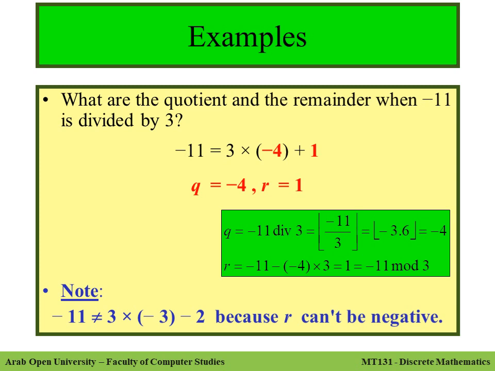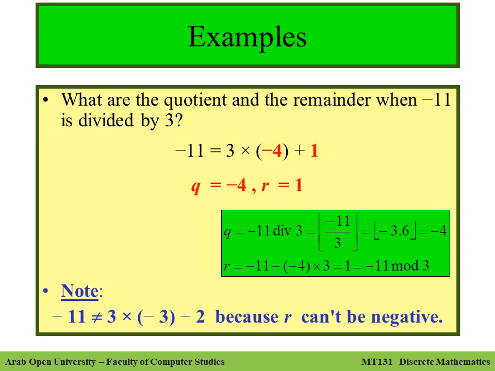You might do this, but this will not give you the correct remainder. Minus 11 can be written as 3 times minus 3 minus 2. The equation actually is correct, but it does not give you a positive remainder. If you do this and conclude that minus 3 is the quotient, this is wrong, because you did not get a positive remainder.